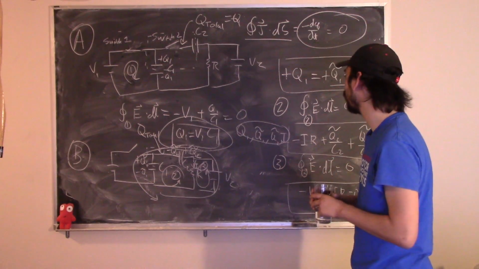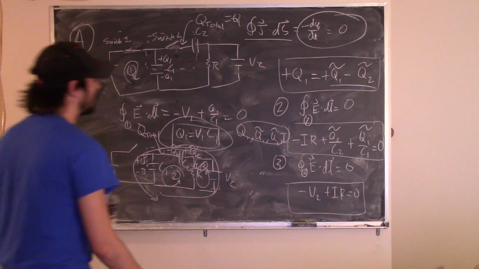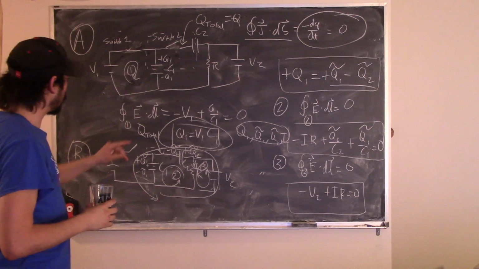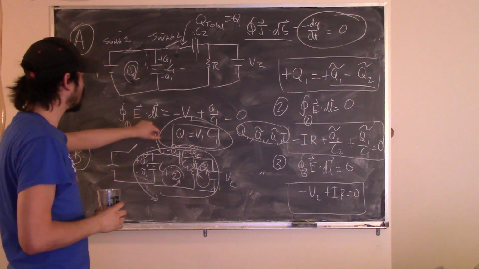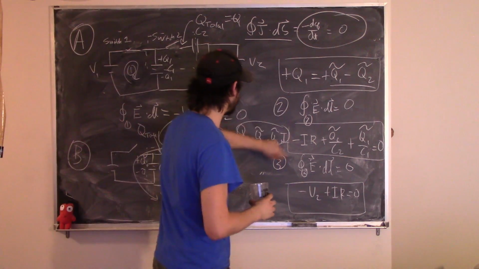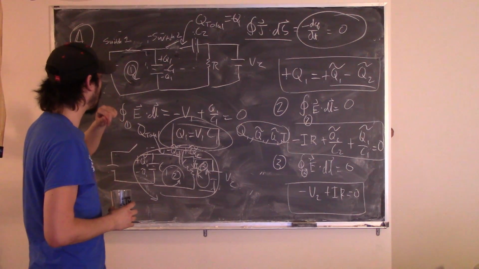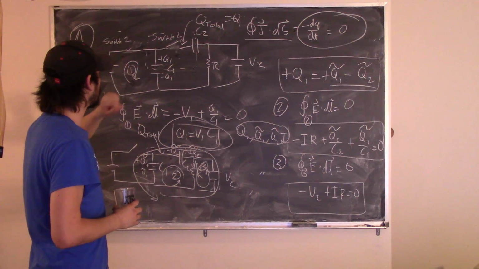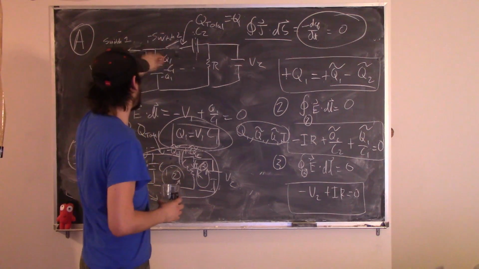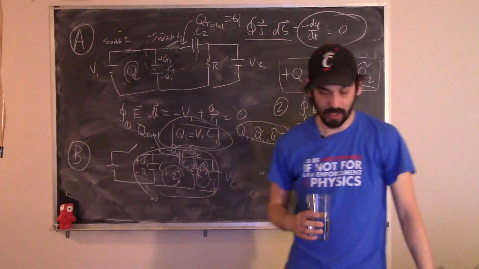Okay, but the point, and I don't even think I would ask something quite like this because I didn't talk about this as much, is that you can define your loops, you can go around your loops, you can obtain your equations from the loops. And the other piece, and why I said that this was a hard question and one that I probably wouldn't ask, is that you need to think about some box that I can define here where the charge inside that box is equal to a constant.